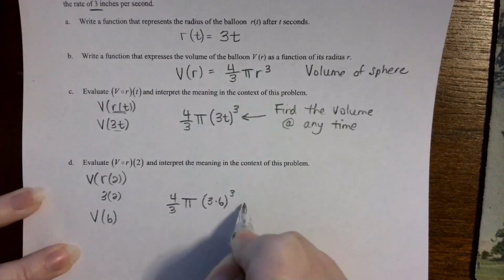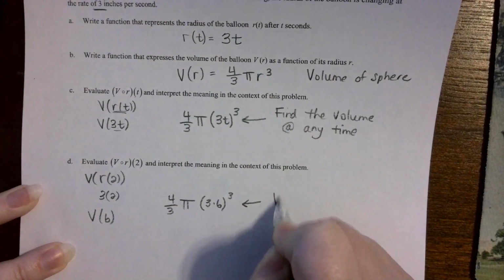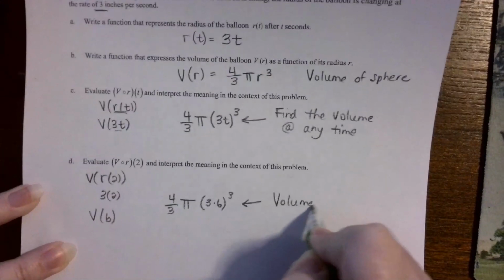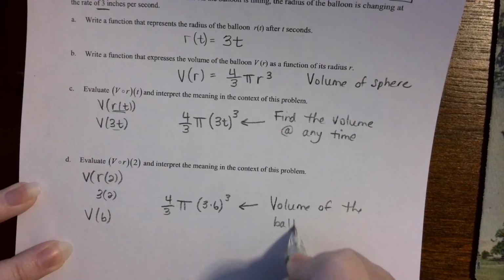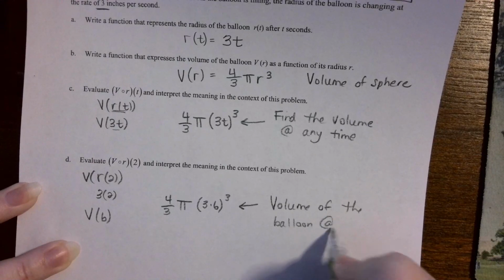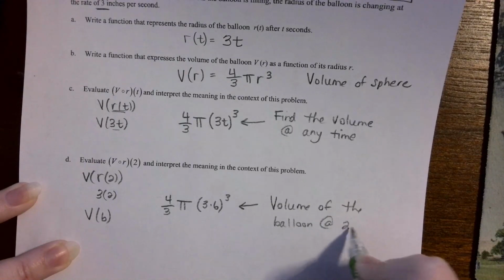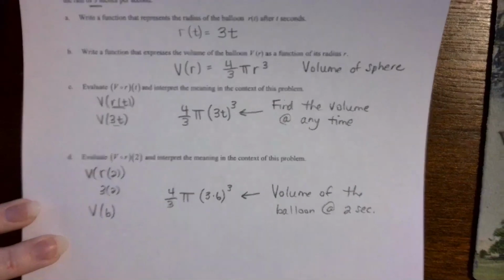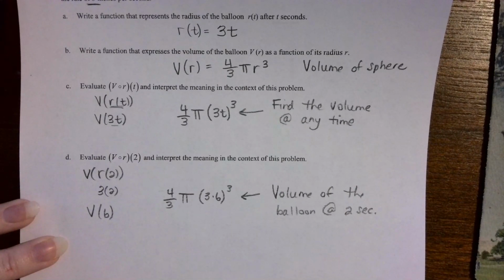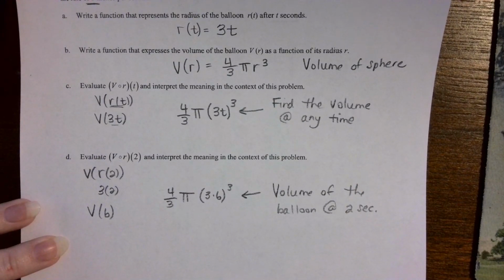And what does this mean? Well, this is the volume of the balloon at 2 seconds. So essentially what we've done is we've plugged in the seconds to find out how big it is. Okay?